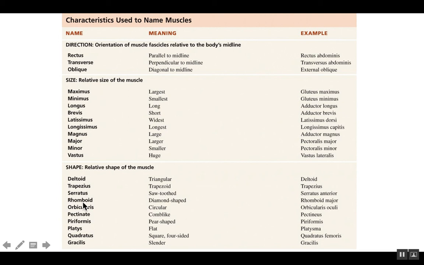There are some rhomboids in your back, which are diamond shaped. When we get to facial expression, we have some circular muscles. One encircles your eyes. It's called the orbicularis oculi. There's also one that surrounds and encircles your mouth. It's called the orbicularis oris. So these are all based on shapes.